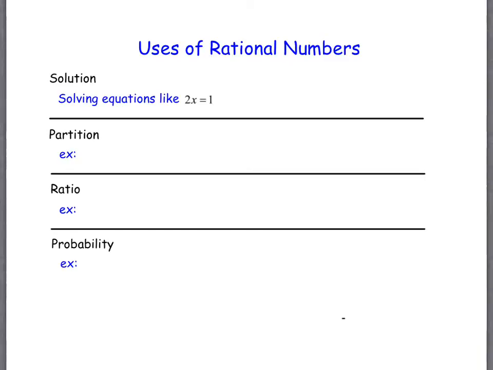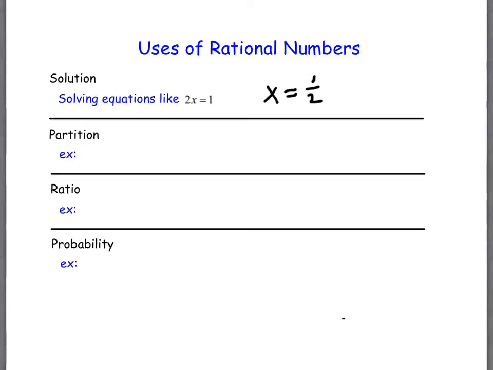If I plug in the number 1 on the left, 2 times 1 is 2. And we skipped right over equals 1. That's a problem. There isn't anything between 0 and 1 that's a whole number that would work. However, there's a fraction that will. So this is one use of rational numbers, to solve equations like this. What would this number be? 1/2, right?